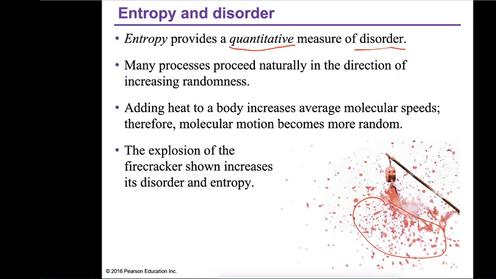Before the explosion, the firecrackers are more ordered. Individual firecrackers are organized very well, but after the explosion, it's messy. Everything is disordered and random. That means the entropy is increasing.